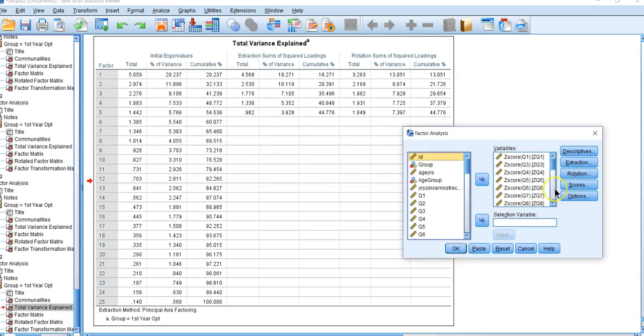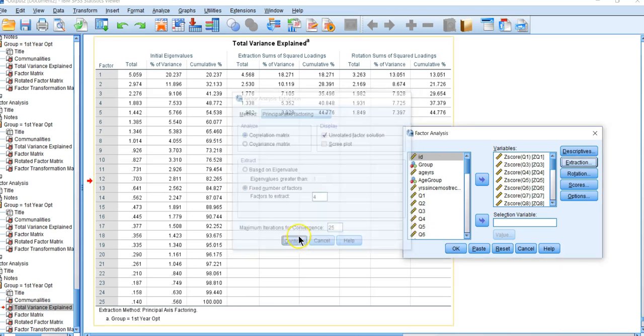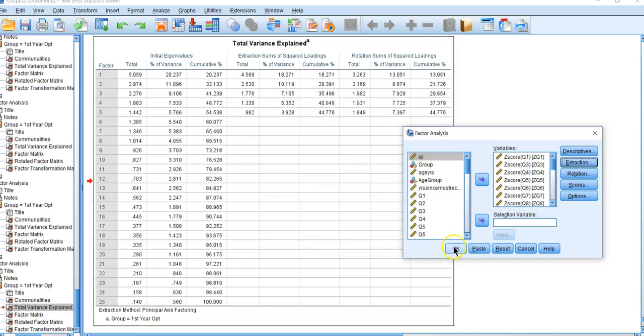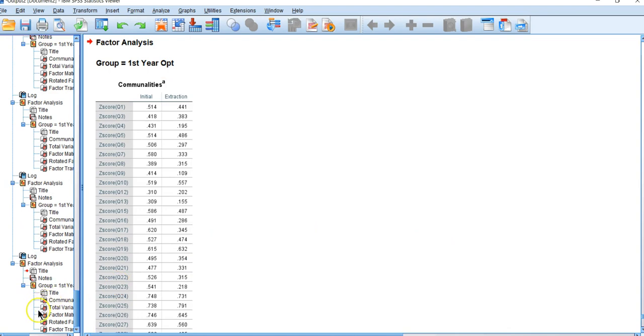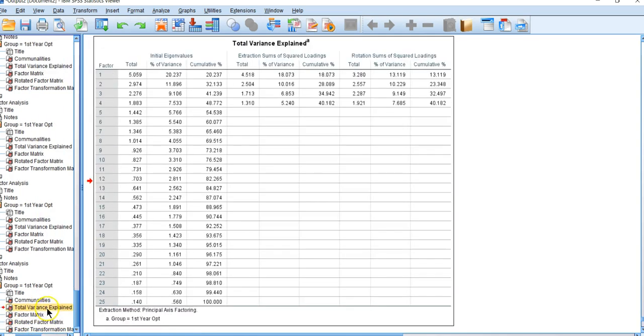There's a little bit of an iterative process. Extraction, we want 4. So first you want to see everybody's above 1, and then you want to see who is not in the model, because when they're not loaded on a factor, they're kind of getting in the way. So everybody's well above 1.